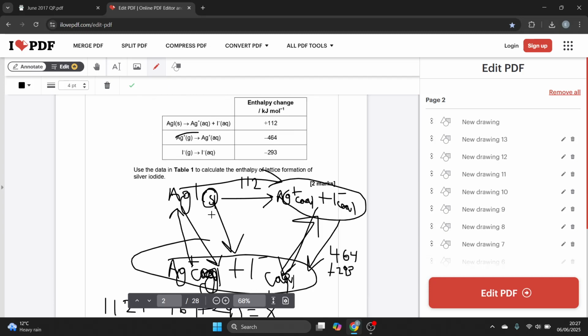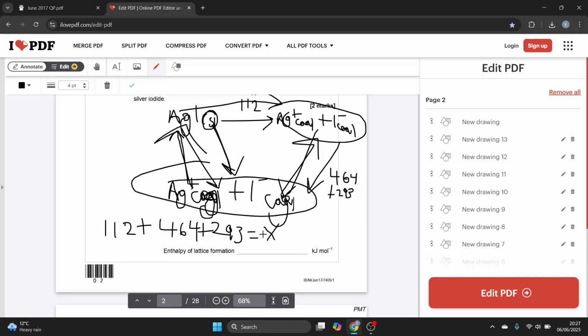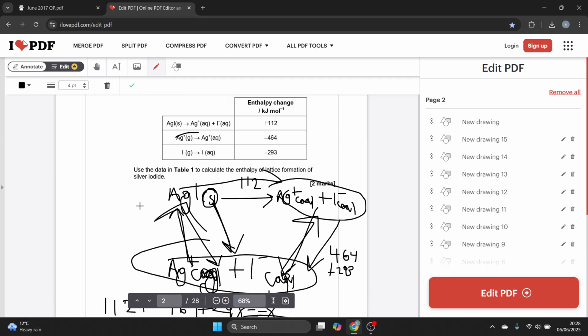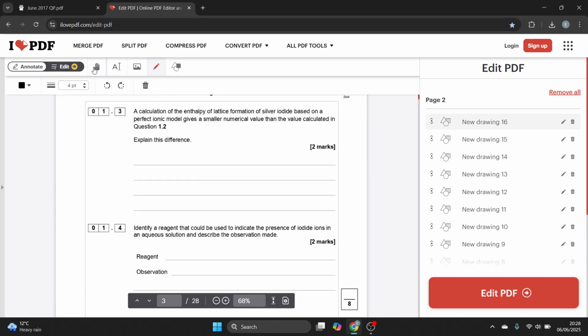But I don't want to go from here to here, I want to go from here to here. So I'm going the opposite way around, so that's minus x. Therefore x is minus 869 kilojoules, multiplied by minus 1. It can be quite tricky. I don't know why they put it as the first question. It is kind of annoying.